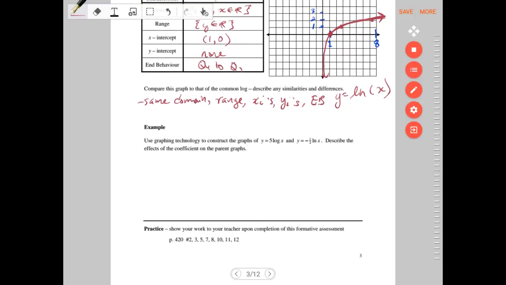All right, one example, and then you can get started on page 420. I want you to take out your calculators and graph in y1 log x. In y2, I want you to graph 5 log x. What happens to the graph? Pause the video while you do that.